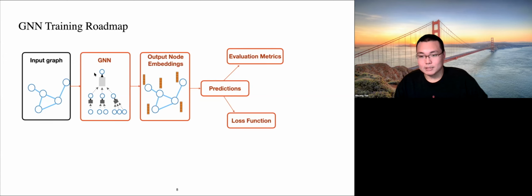And then we pass it to the GNN to generate some meaningful and expressive output embeddings. And finally, we have a task-specific loss and our metric to judge the predictions made by the output embeddings. That's the general training roadmap. We will come back to this plot, I think, several times.